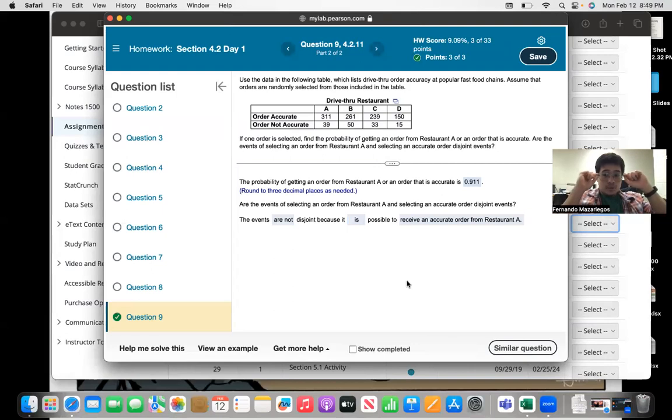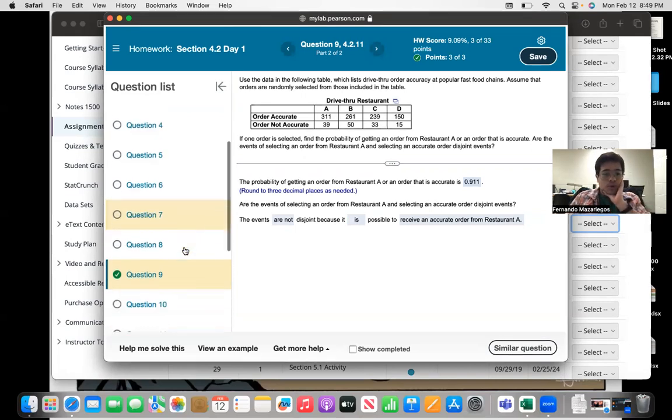So these two are not disjoint because it's possible for both of them to happen simultaneously. It is possible to receive an accurate order that is also from restaurant A. So if both can happen simultaneously, then the events are not disjoint.